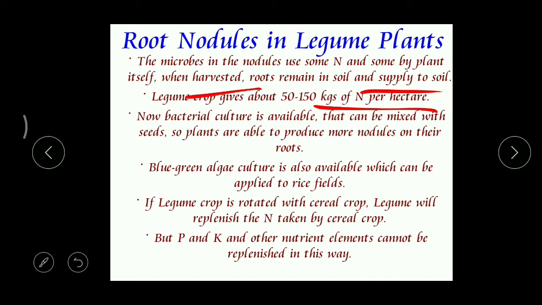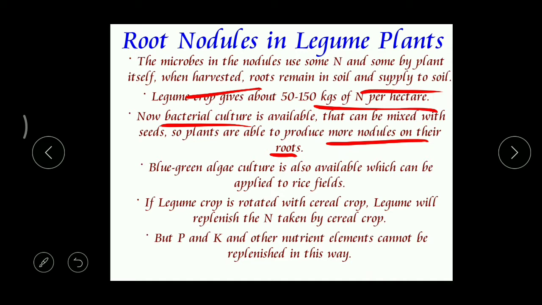So that means we can develop more root nodules on the roots. Correct. So whenever we get more root nodules, then automatically we get more bacteria, and so we get more nitrogen. Got it? So in this way, by using this bacterial culture, we can increase the number of root nodules over the roots.